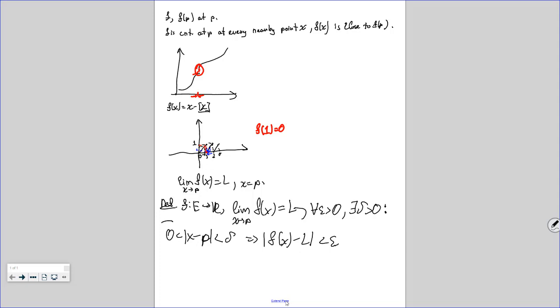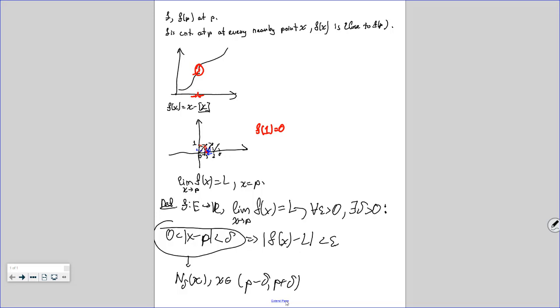This condition is the same as saying x is in the delta neighborhood of p, or x is in (p minus delta, p plus delta).